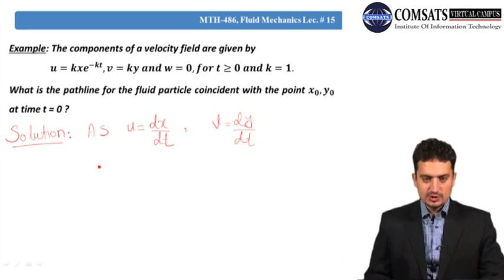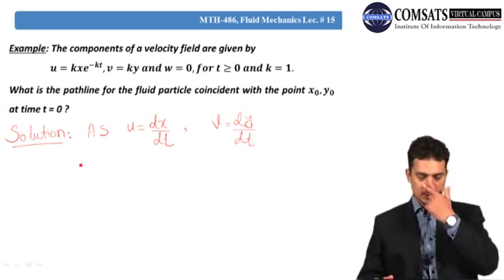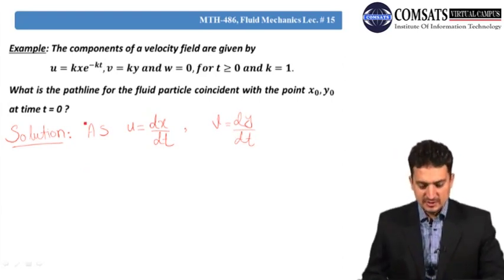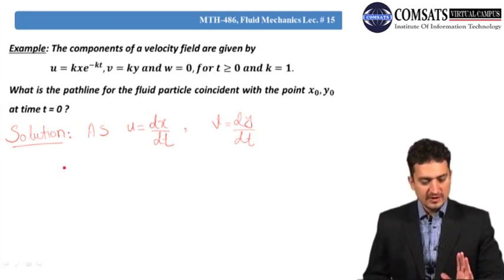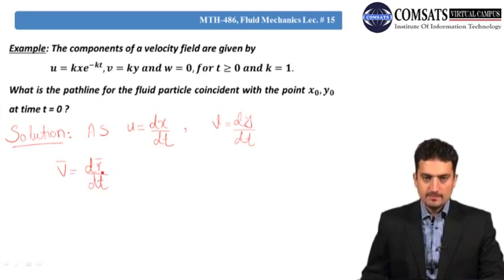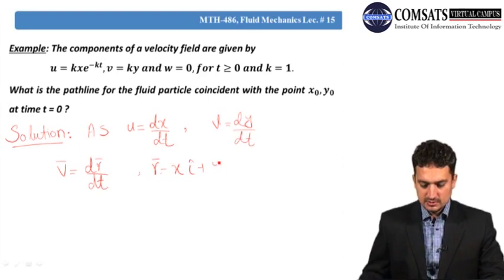If you recall the equations of path lines and streamlines from the previous lecture, I told you that finding the equation of a path line is similar to the solution of the equation dr by dt, where r was equal to xi plus yj.